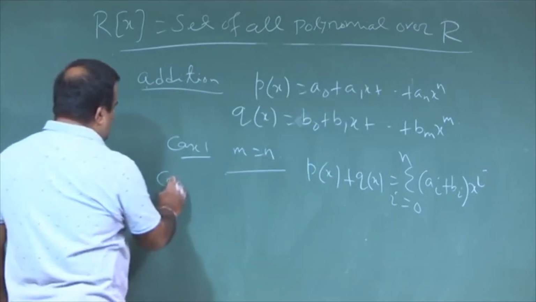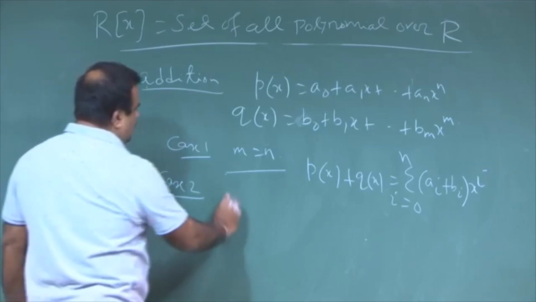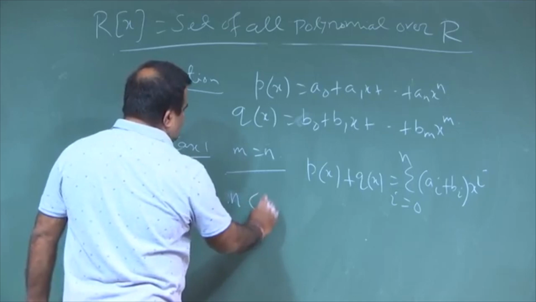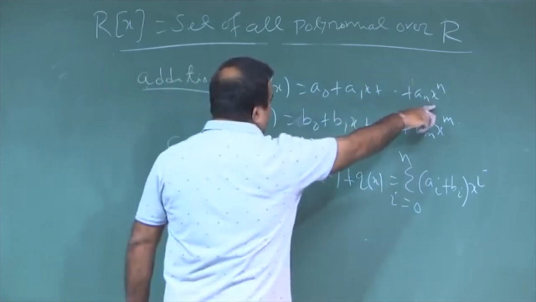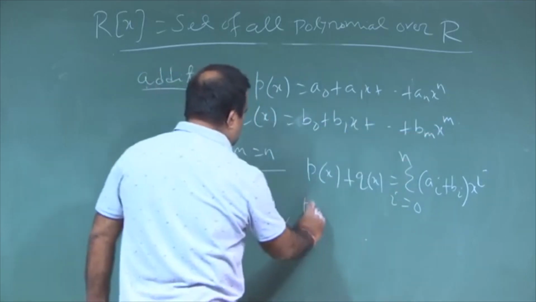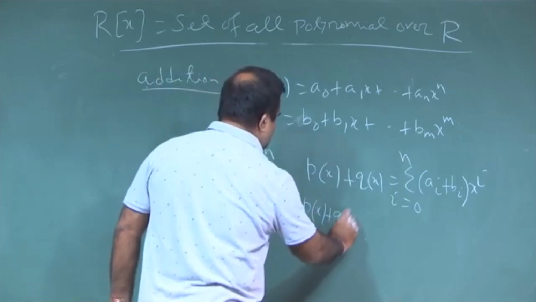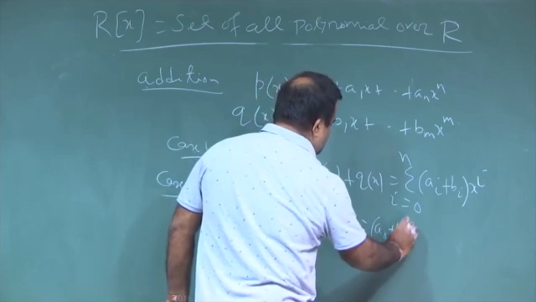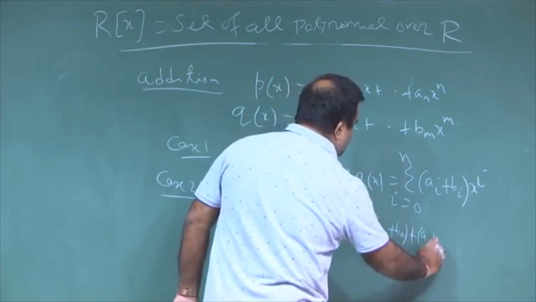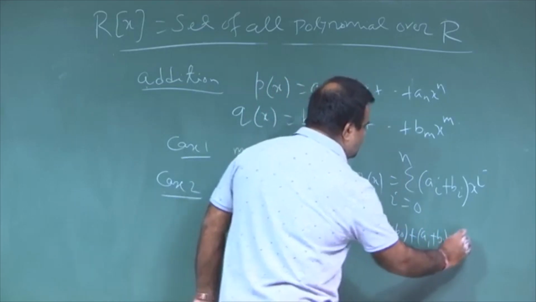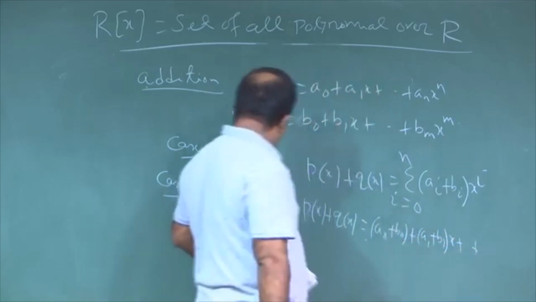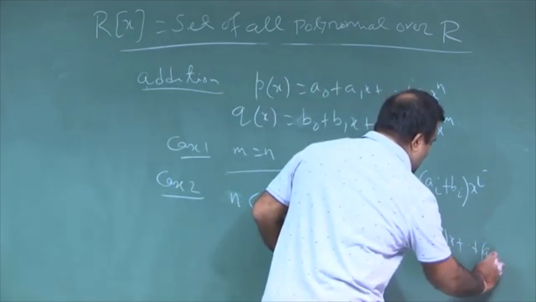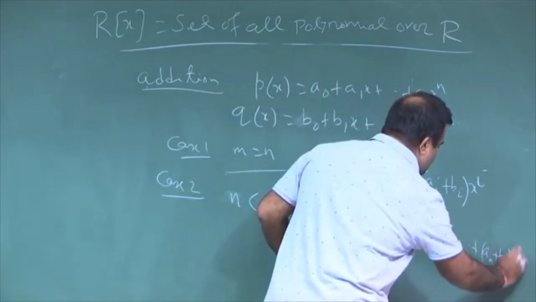Case 2, if n is less than m, so p x ends before q x, then p x plus q x is a 0 plus b 0, plus a 1 plus b 1 times x, dot dot dot, a n plus b n times x to the power n.